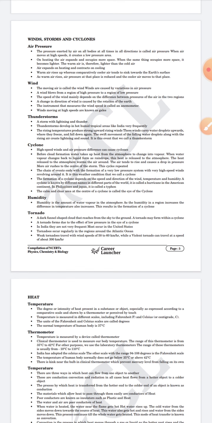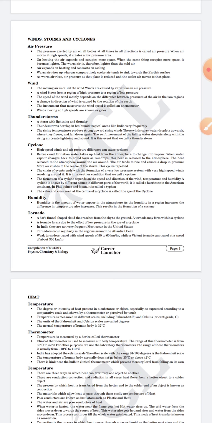When water vapor changes back to a liquid to form raindrops, this heat is released to the atmosphere. The heat released warms the air around. The air tends to rise and causes a drop in pressure. More air rushes to the center of the storm.